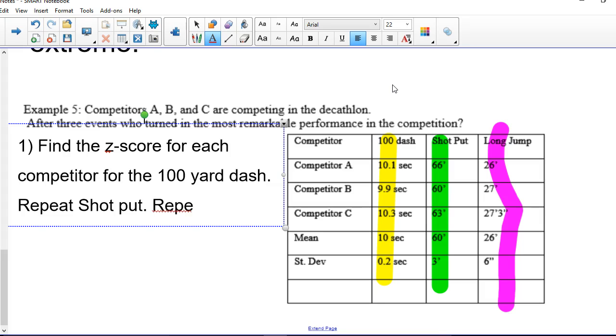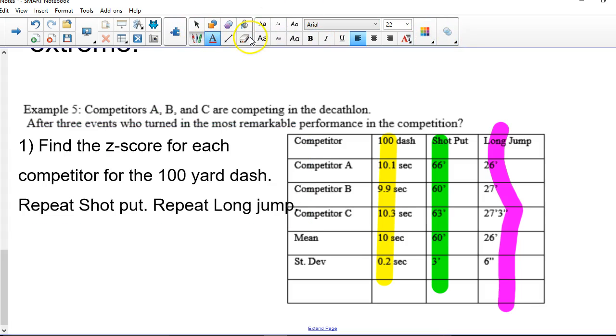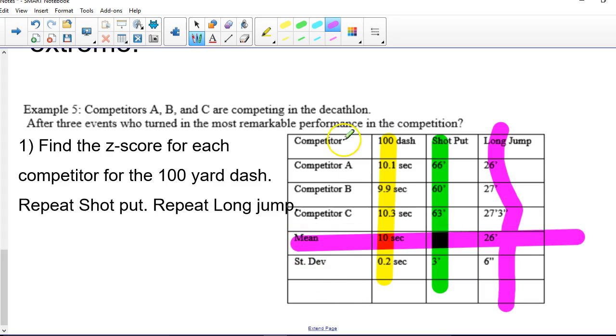And then repeat the process for the long jump. Now you need to notice something in particular here. I do give you the means, so the means are all here for each event. And I do give you the standard deviations as well as the observations for each competitor. So you can find the z-score. I am going to have you pause and do that on your own in a second. We'll talk about it in class.